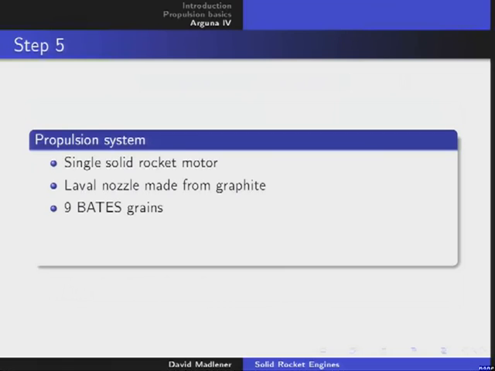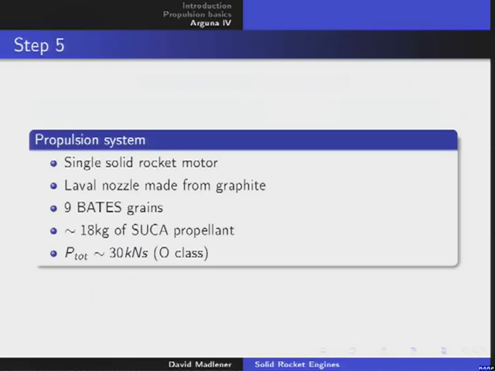Every one of them has about 2 kilograms, 2 point something, so we get to 18 kilograms in total of Suka propellant. So you have to imagine that normally, if it's fully loaded, the motor contains 9 cylinders about this length, and every one of them weighs 2 kilograms. We wanted to achieve about 30 kilonewton seconds, so an O-class motor. From our simulations, we knew that we needed at least 30 kilonewton seconds to achieve 8 kilometers.